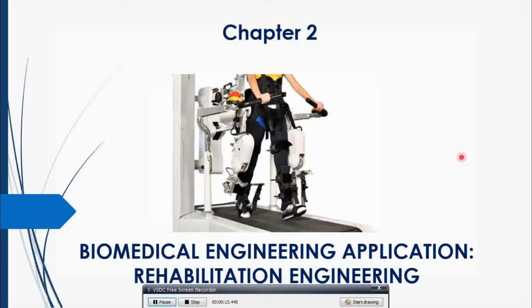How is everyone? So today we start with our chapter 2, subject biomedical engineering application. We'll focus on rehabilitation engineering. Right? If you look at this nice figure here, the instrumentation is fixed here. This is actually a device that can help a person who has difficulties in walking.